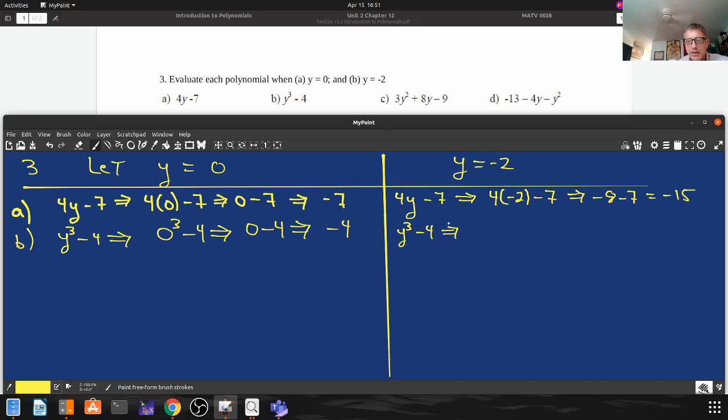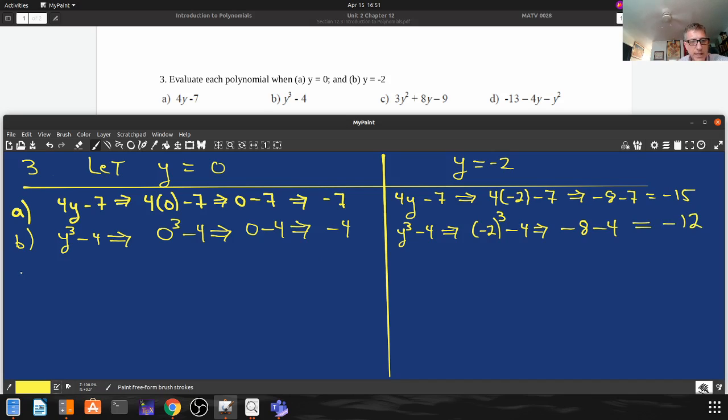Now here again, we replace y with minus 2. And in the y cubed term, y is the base, and 3 is the exponent. So the base is minus 2 cubed minus 4. But minus 2 cubed is minus 2 times minus 2, which is 4, times minus 2, which is minus 8. And then I'm subtracting 4 from that, and the end result is minus 12.